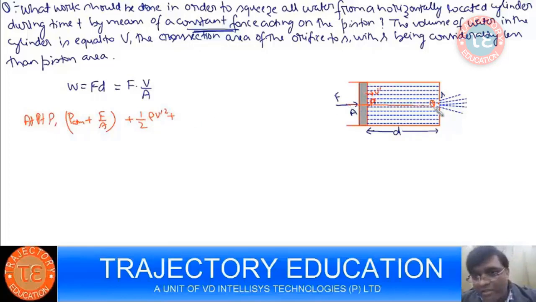We take this as the reference, so gravitational pressure is 0, and that is constant.